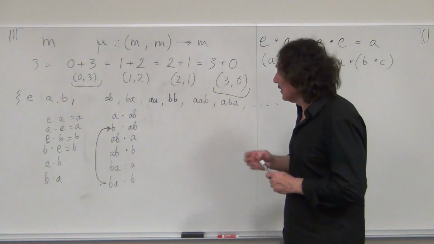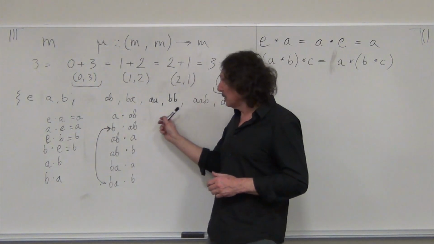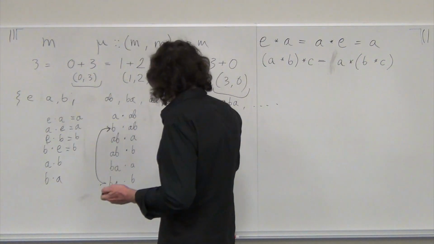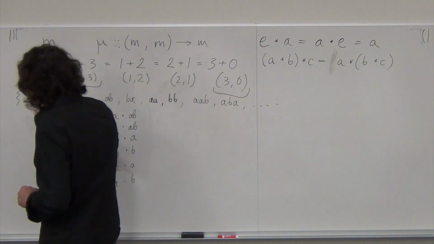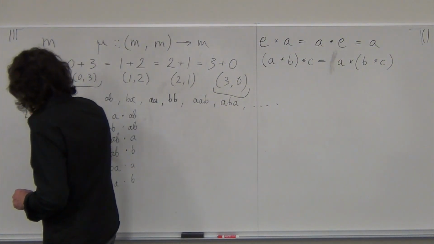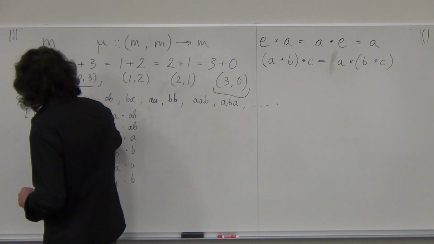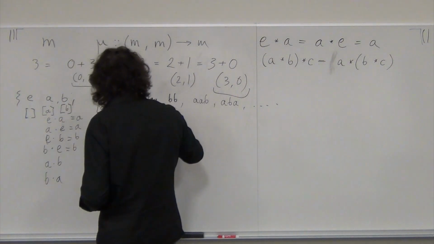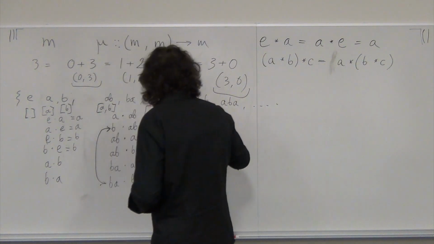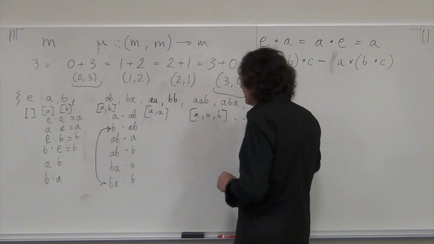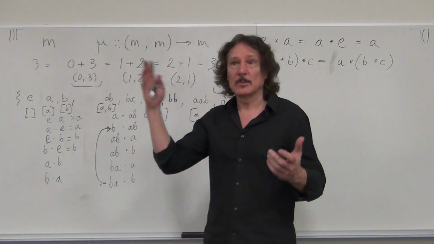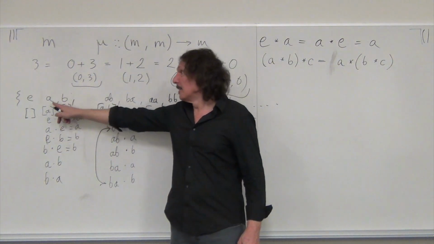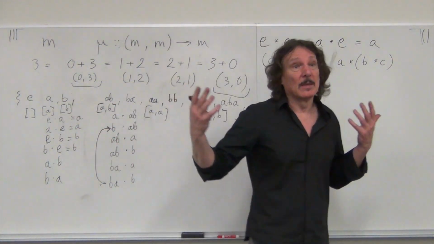So a free monoid really is all possible lists of generators. And if we want, we can say that E is an empty list. So this is a list that has A, this is a list that has B, this is the list AB, this is a list AA, AAB, and so on. So these are just all possible lists. It's like words in a language that has the alphabet A and B.